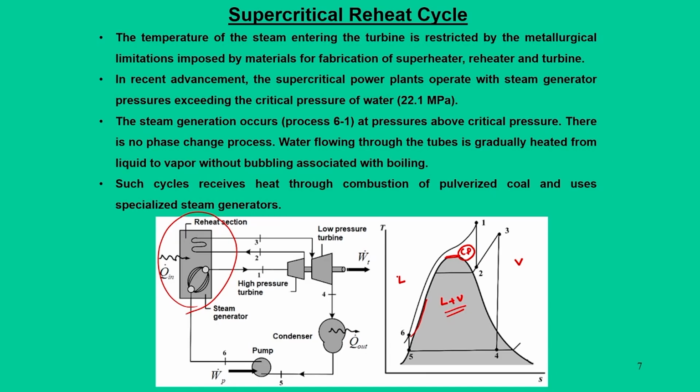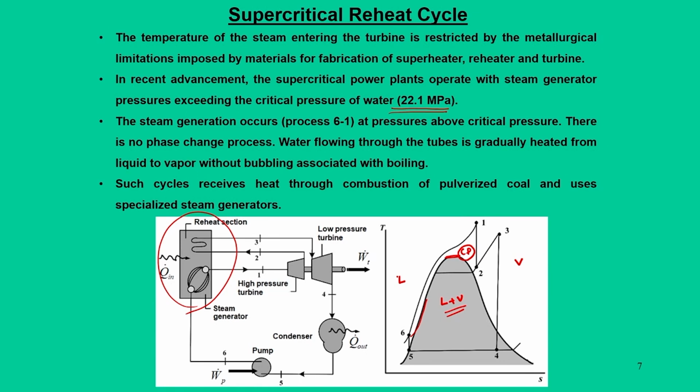Now, for water this critical pressure is 22.1 megapascals. In other words, you retain a pressure in the steam generator of about 22 megapascal or above.